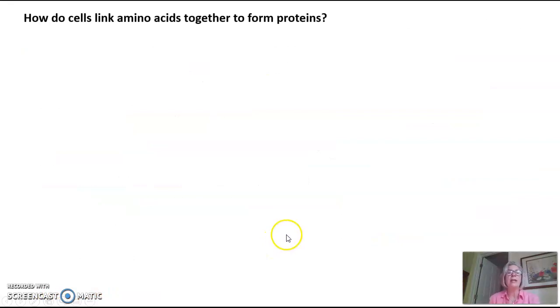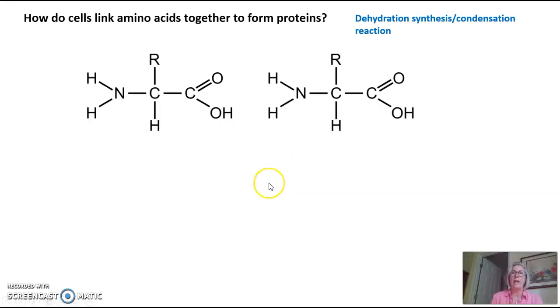So how do cells link amino acids together to start to form proteins? They do what's called a dehydration synthesis or condensation reaction. So here in front of you, you see two amino acids. You can see the basic backbone structure of the NCC with an R group, and then in our second amino acid, the NCC with an R group.